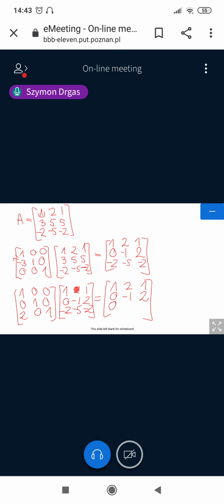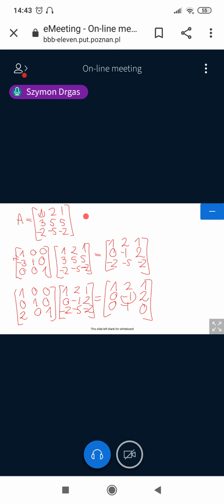Then I have 4 plus 0 minus 5, so 4 minus 5 is -1, and then we have 2 plus 0. Let me do it again. 2 plus 0 minus 2, so 2 minus 2 is 0. And finally, I will use this entry as a pivot, and I want to eliminate this -1 below it.